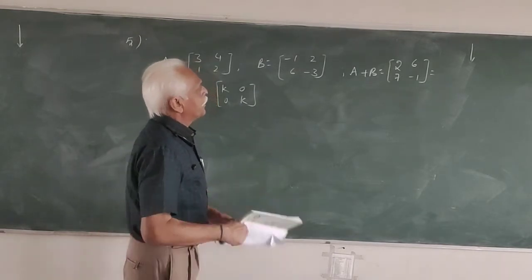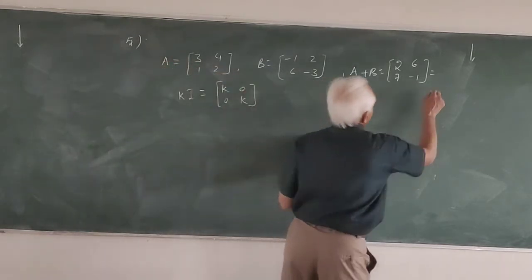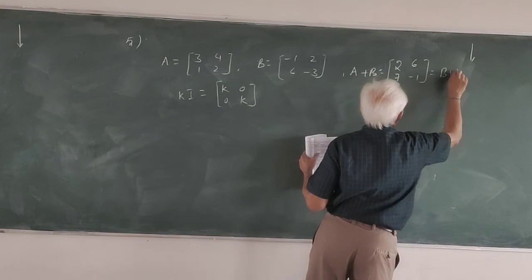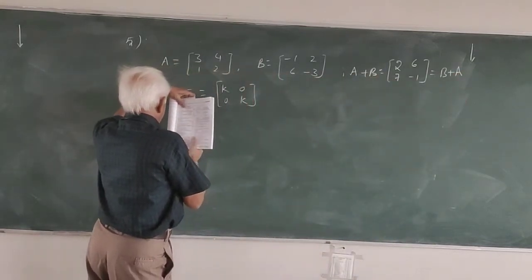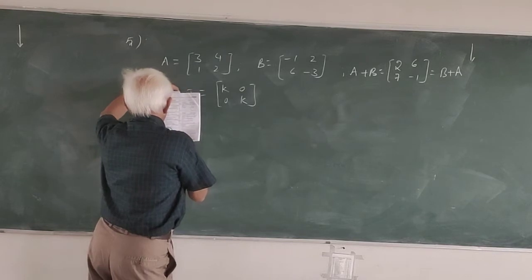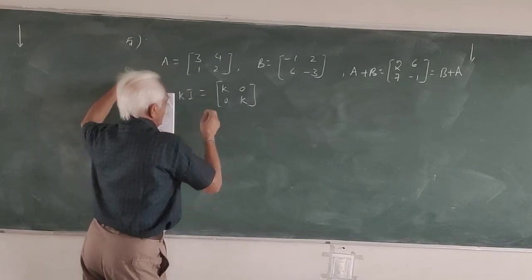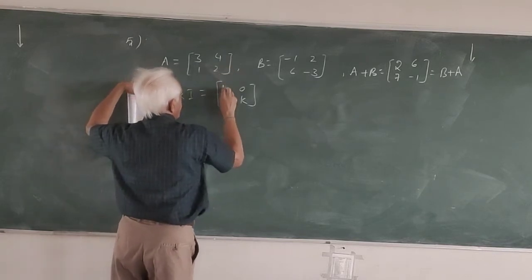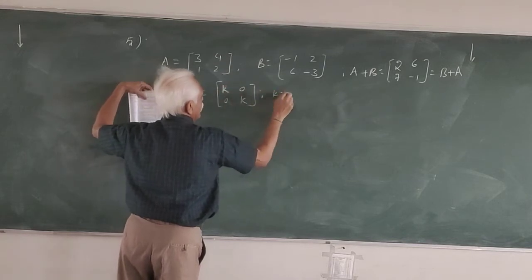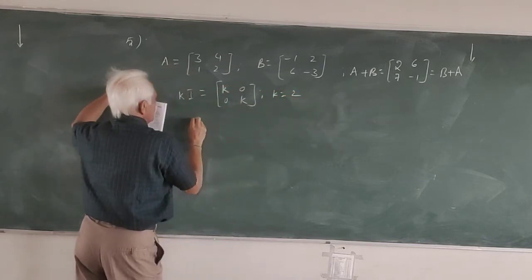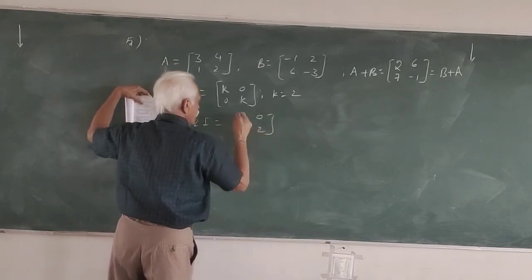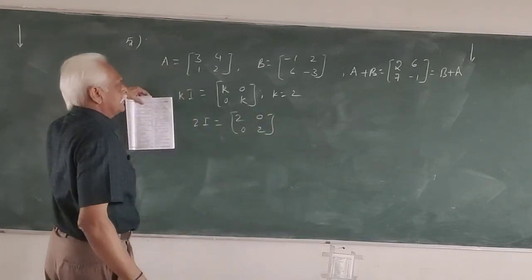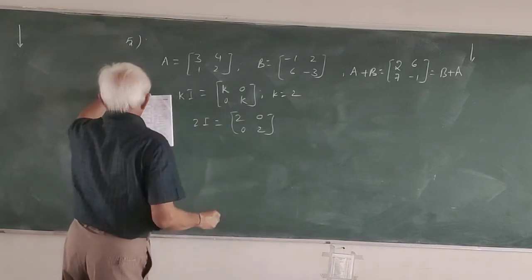Okay. Now, you have to go with the verification method. A minus KI. Taking K as 2, this becomes 2I, which is 2, 0, 0, 2.